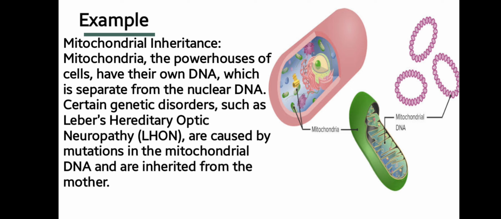We already know that mitochondria, the powerhouses of the cell, have their own DNA which is separate from the nuclear DNA. Certain genetic disorders such as Leber's hereditary optic neuropathy, also known as LHON, are caused by mutations in the mitochondrial DNA and inherited from the mother.